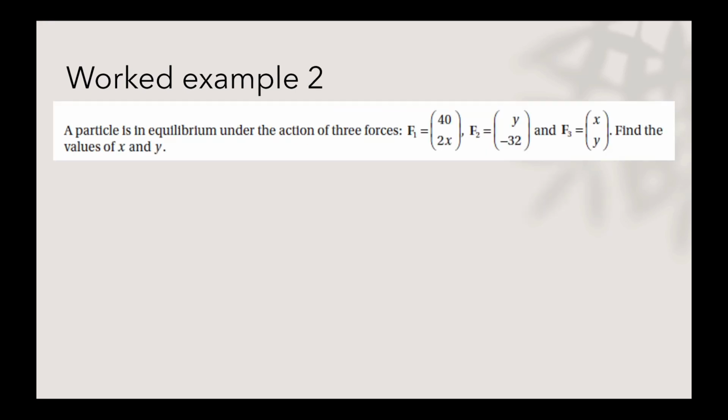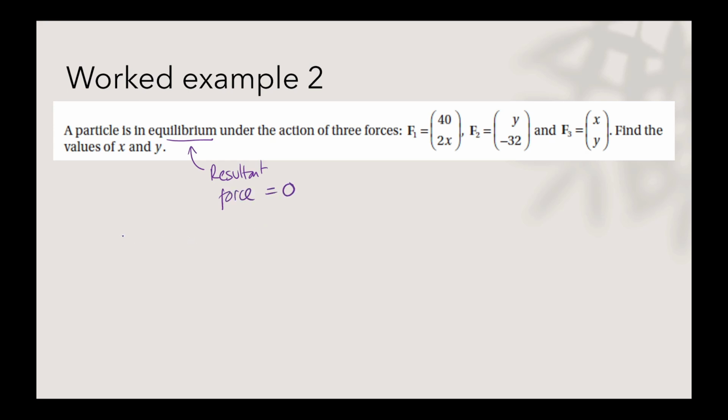So now let's have a look at a similar question. It says that a particle is in equilibrium under the action of three forces, and we've got F1, F2, F3 all written in vector form, and the question is asking us to find the values of x and y. The fact that it's in equilibrium means that the resultant force is equal to 0.